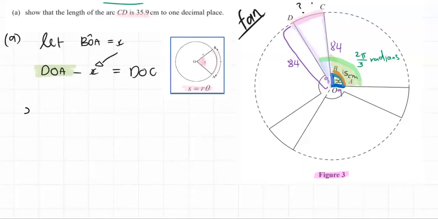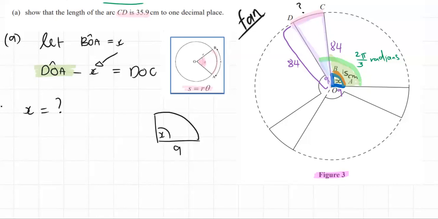So the question becomes, what is this x angle? Because we need this angle in order to figure out what we must minus from DOA. So what is x? Well, if we take a look at x, draw it a little bigger. There's our angle x.